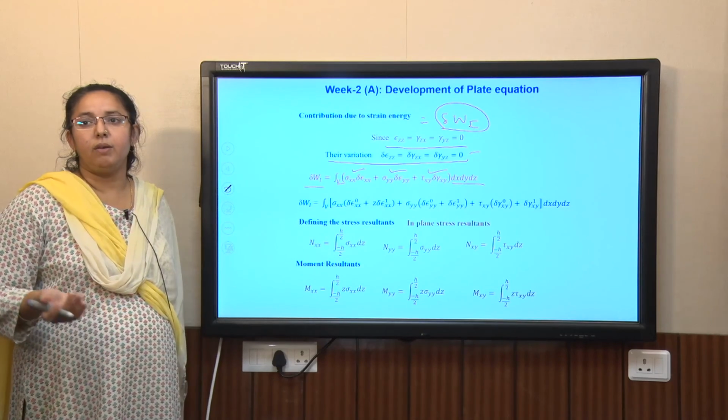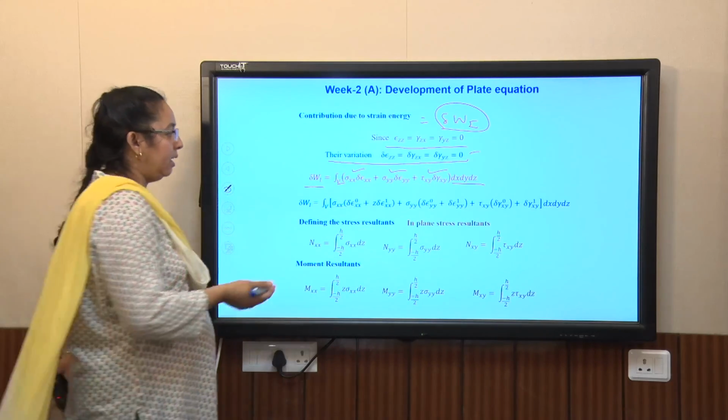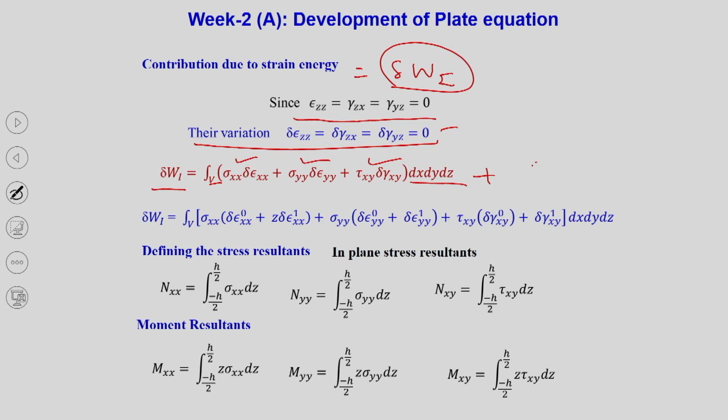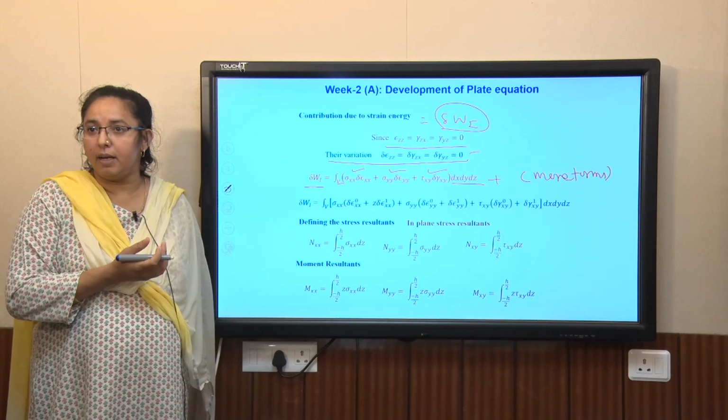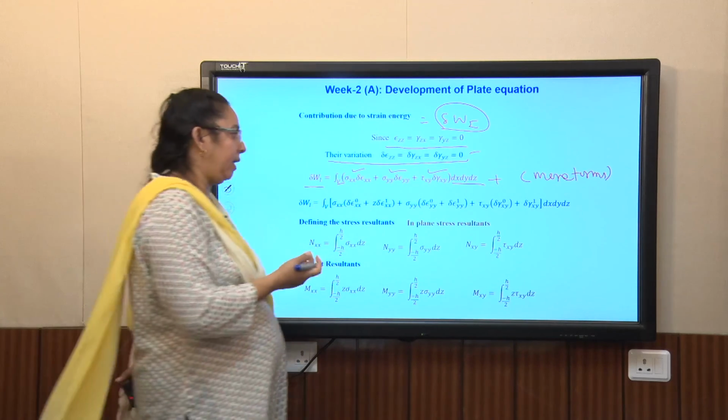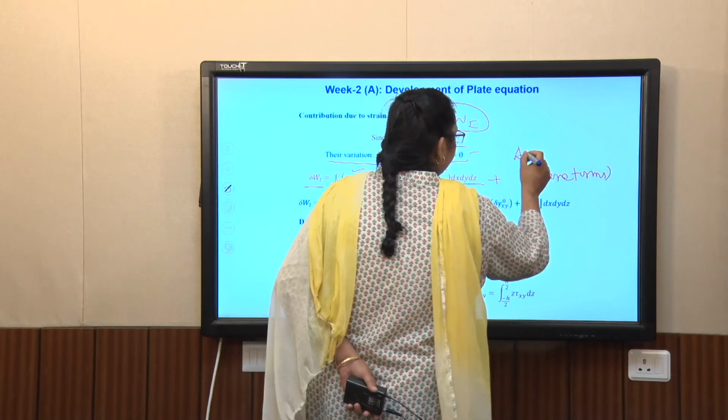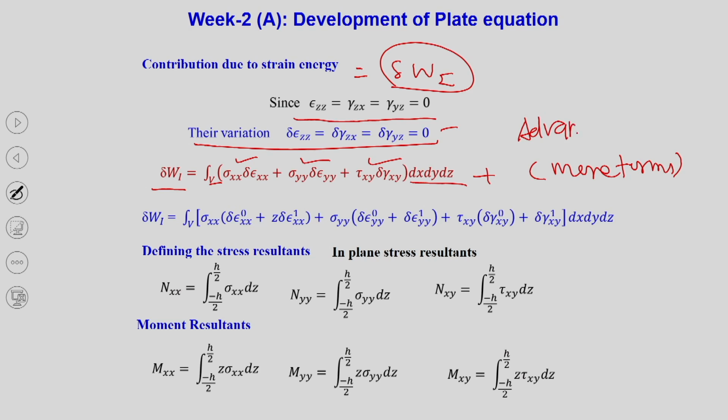Suppose you are going for some different theory, maybe some more terms may be there, which may be corresponding, contributing to the internal energy of the body. Some may be magnetic terms, some may be piezo terms, if we talk about advanced materials.